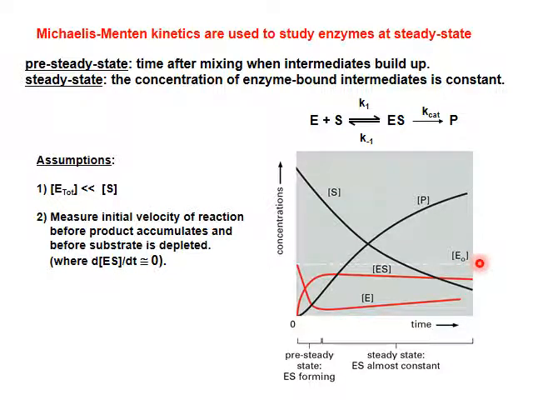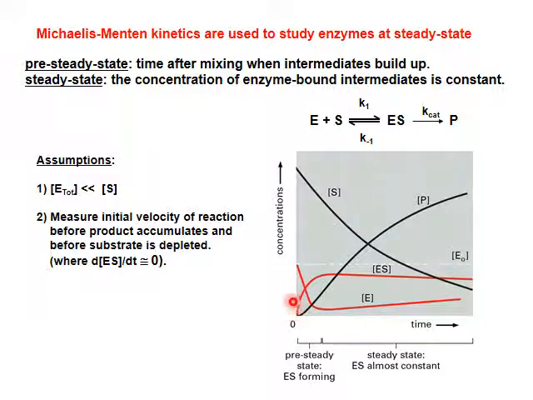However, its form may be different. So we have two forms of the enzyme. It's either going to be the free E form or the ES form. And so we can monitor these two forms. So when we first start the reaction, there is no E and S combining initially.